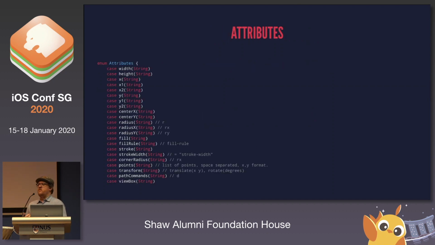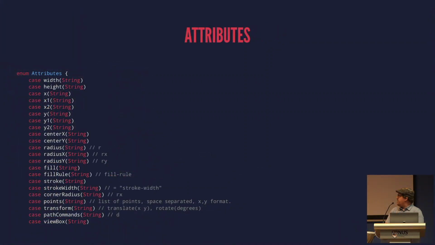Within that node class, we are defining stuff like attributes. And these are all of the attributes that can possibly exist on any node. And there are some that are available on, say, a rect, which aren't available on an ellipse, just where things start to make a bit of sense. Cool. Okay.